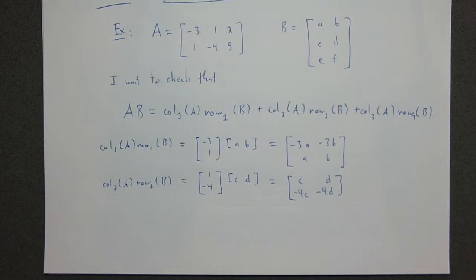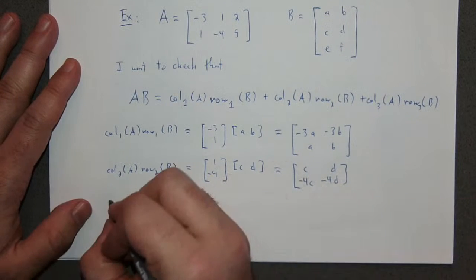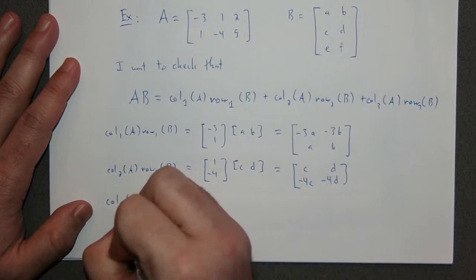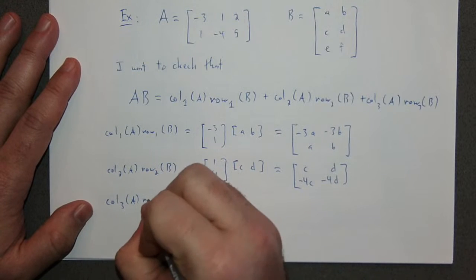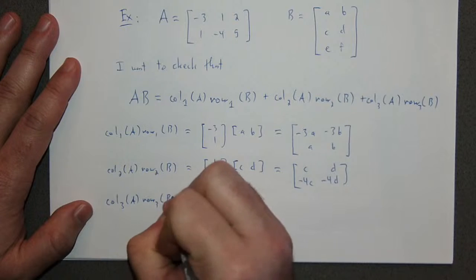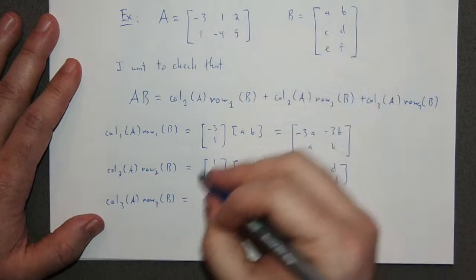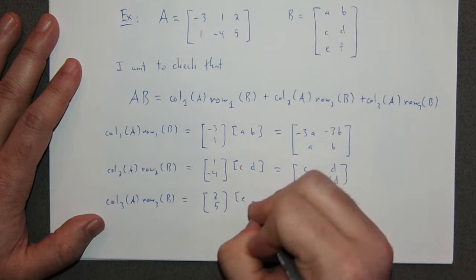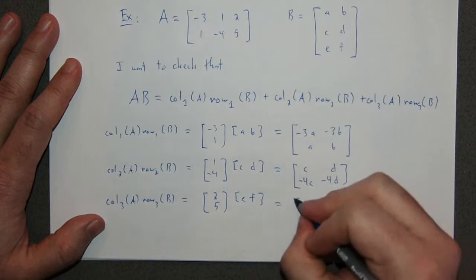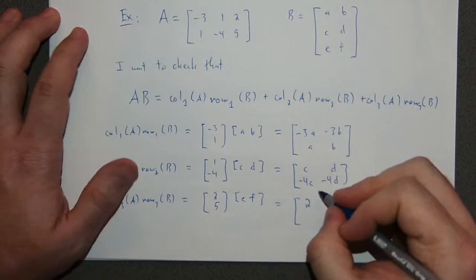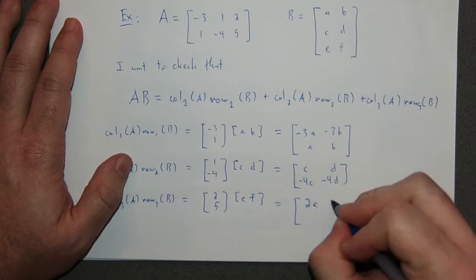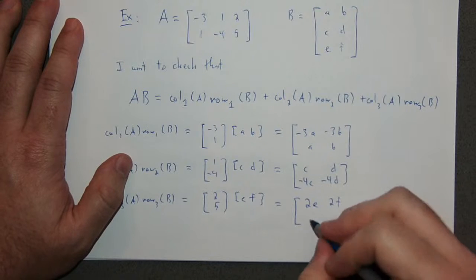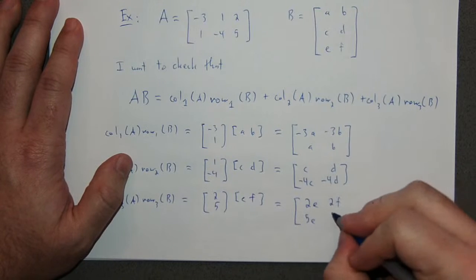Okay. And then lastly, column 3 of A times row 3 of B is 2, 5 times E, F. So this is 2E, 2F and 5E, 5F.